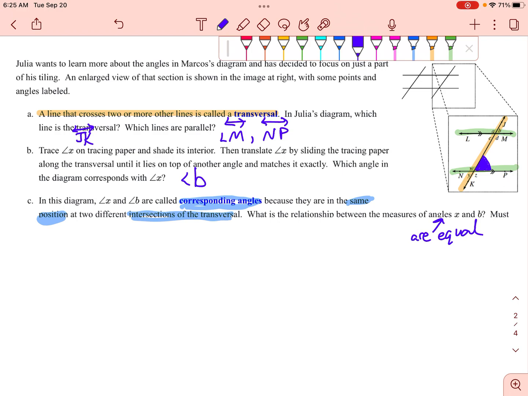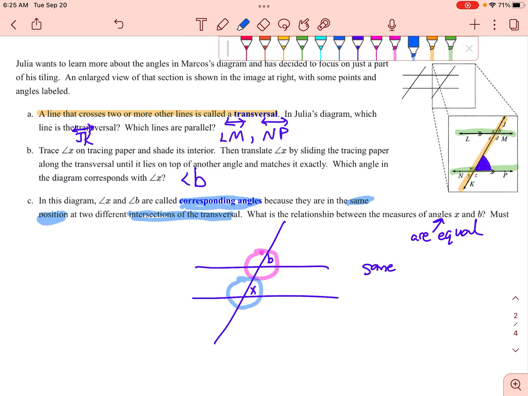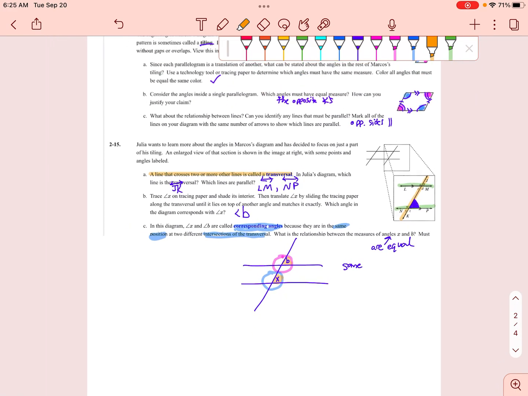Okay, again, corresponding angles in your notes, and I would probably draw that picture as well, like this, and I would put angle X here and angle B here, and I would say same location in a different intersection. So again, you guys are in driver's ed. I have my pink intersection, I have my blue intersection. You can see they're both standing in the northeast corner of that intersection.